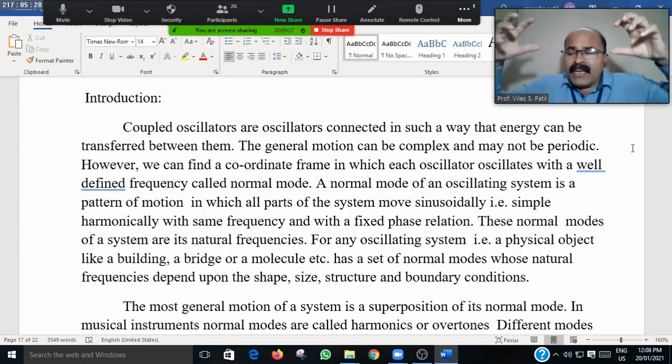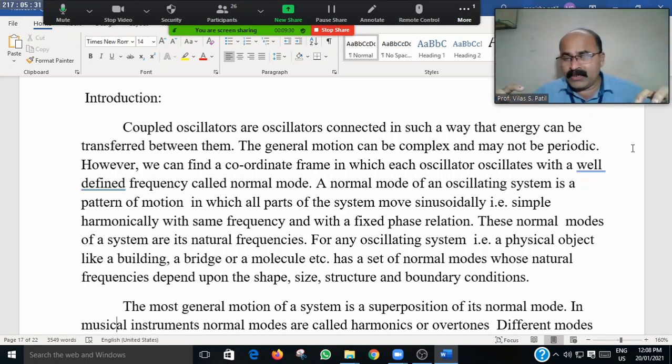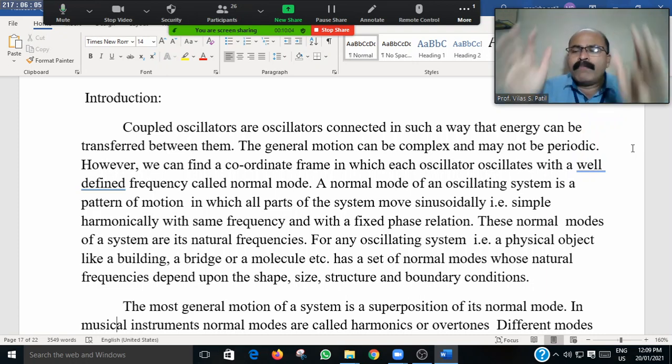But if there are two pendulums connected with a very small spring, and they are displaced from the mean position, then energy will be transferred between them, and due to this transfer of energy the system becomes complicated.